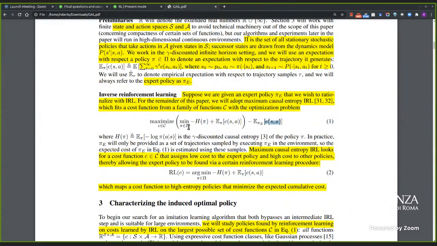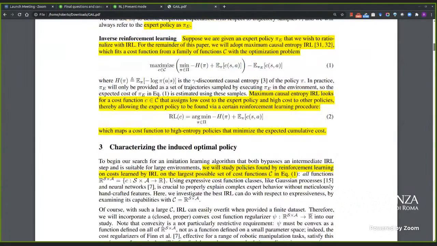At the same time, the policy is trying to go as close as possible to the expert data because it's minimizing the cost function itself. So the cost function is minimal, but at the same time, we're trying to maximize that. It's sort of fighting one against the other to find this equilibrium point.